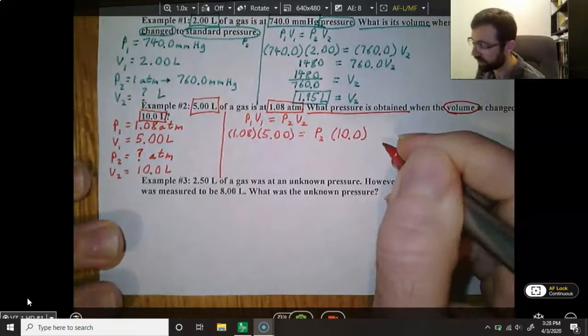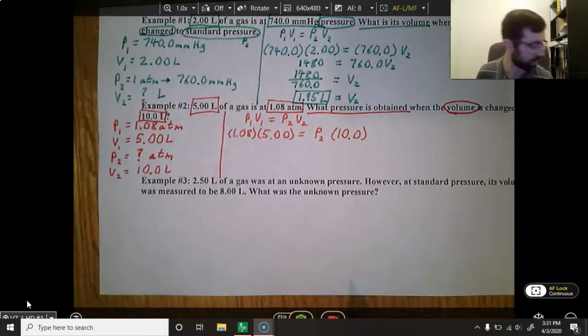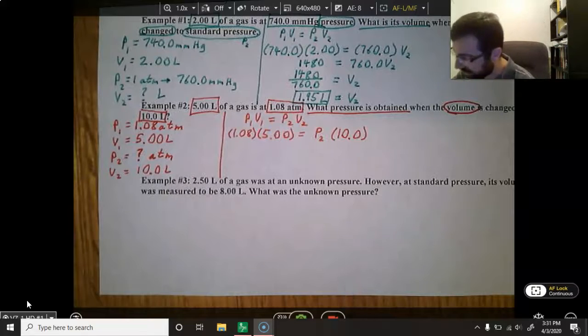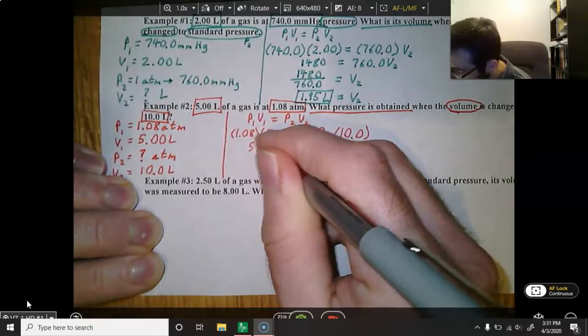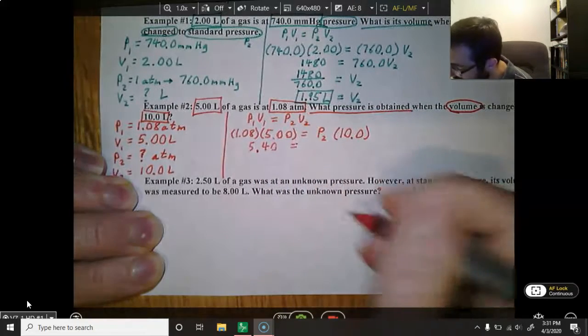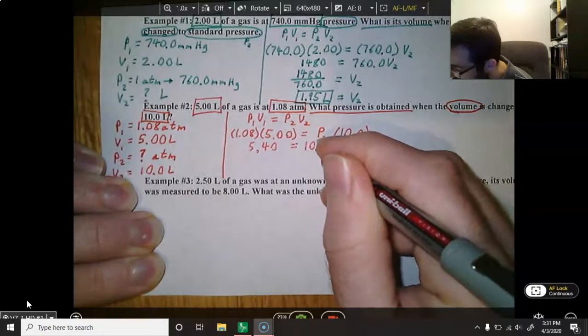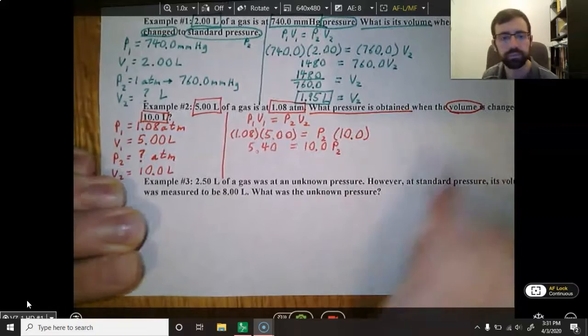Okay, so if I multiply 1.08 times 5.00, I'm going to get 5.40 equals, I can't simplify this anymore, it's just 10.0 times P2, so 10.0 P2.